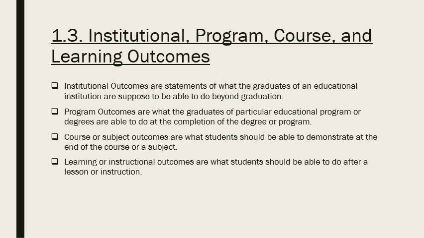But going back, institutional outcomes are the outcomes being set by the institution, the goals of the institution, that every graduate they are producing will be able to do such skills.